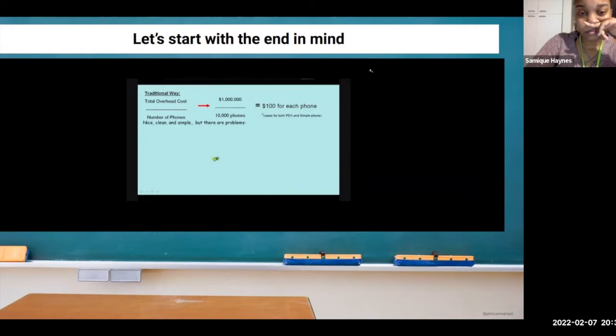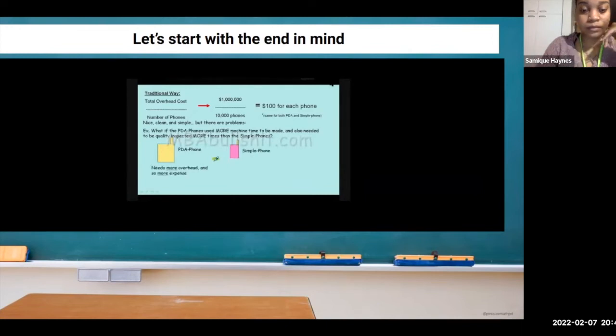So what is the main problem? Well, what if the PDA phones used more machine time to be made and also needed to be quality inspected more times than the simple phone? Okay? What if that happens?